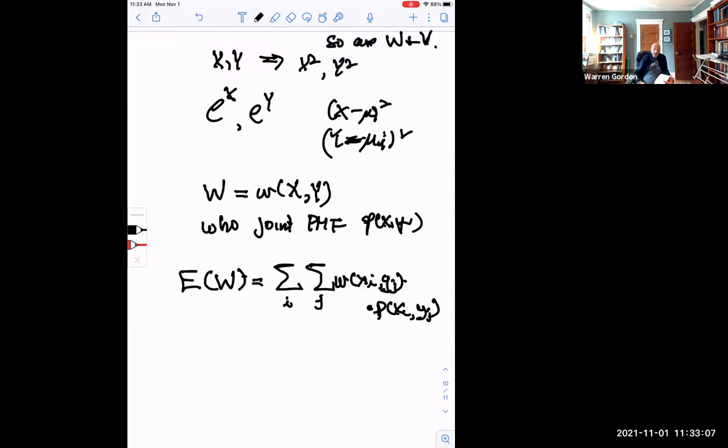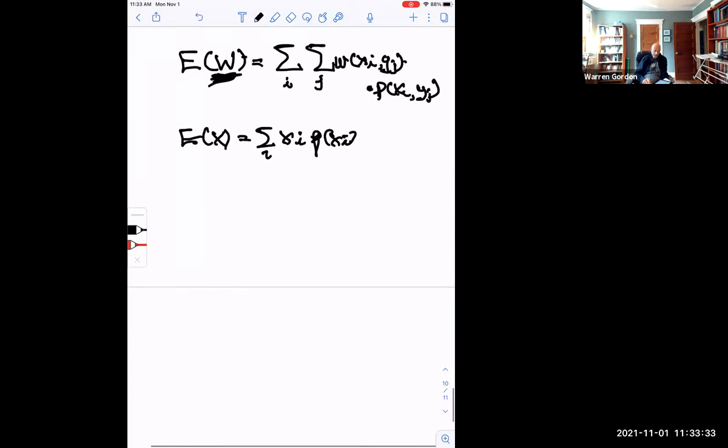So in the one-dimensional case, remember the expected value of a single random variable x was just a summation of x sub i, P of x sub i. Now we have a two-dimensional random variable W that depends upon x and y, and we've now defined its expectation. So let's talk about this a little bit.